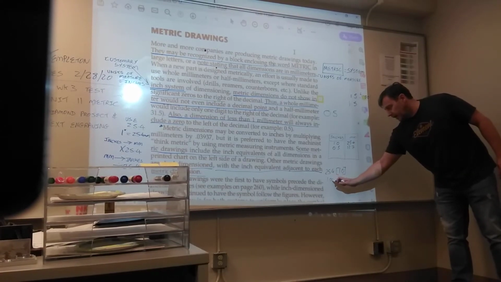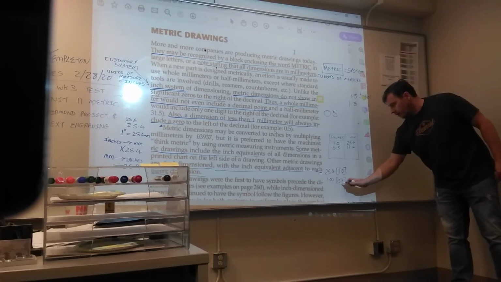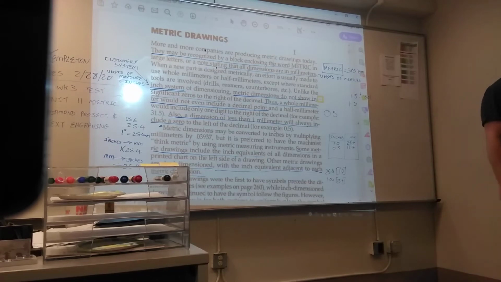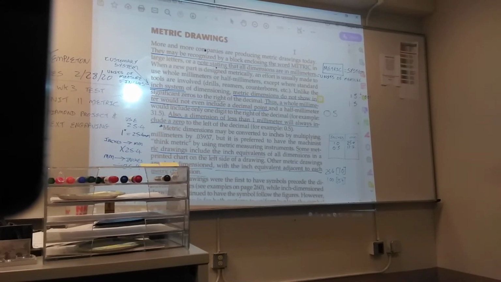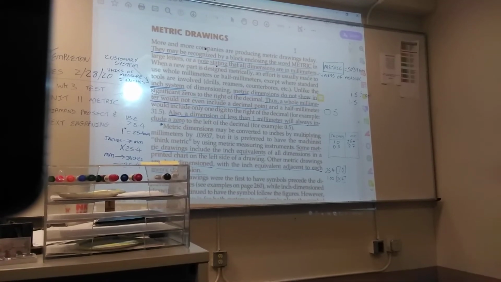Alternatively, you might have it in inches, and then the metric in the square brackets. It all depends on where the drawing was created. If it was created in Europe, for example, the main units are going to be millimeters, so the inches would be in square brackets. If the blueprint was created here in the US, inches are the main units, and metric will be in the brackets. Do we do that in the U.S., on a U.S. print? You might see it.